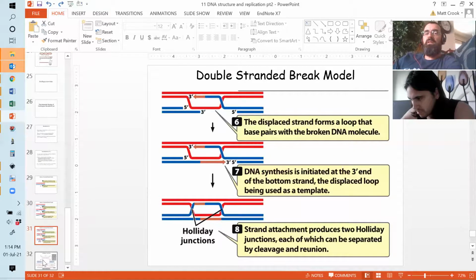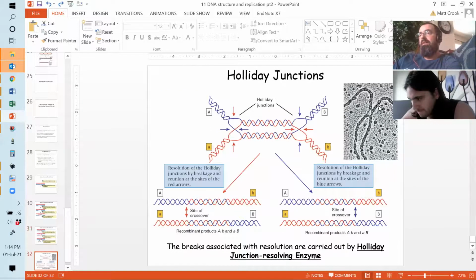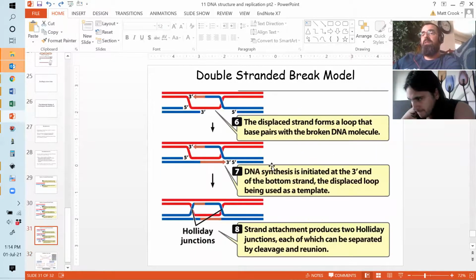And when you actually look at it in an electron micrograph, that's what they look like here, right? So this is essentially the equivalent of what you can see on this graphic. It looks like a bubble in the DNA.